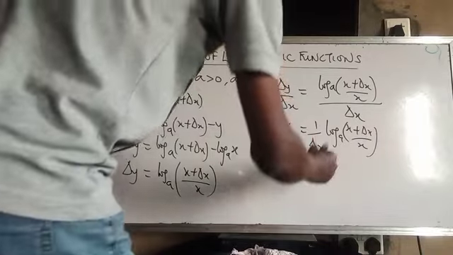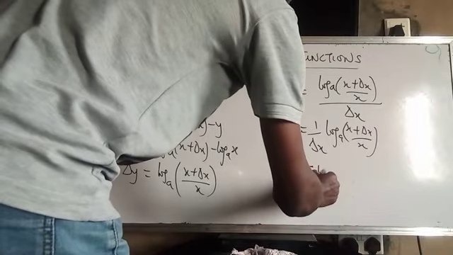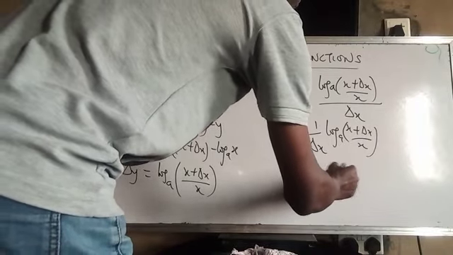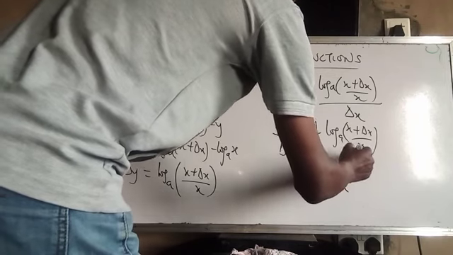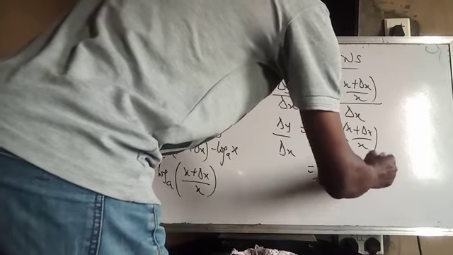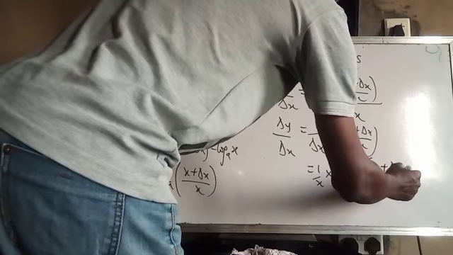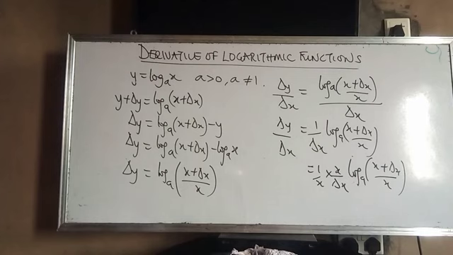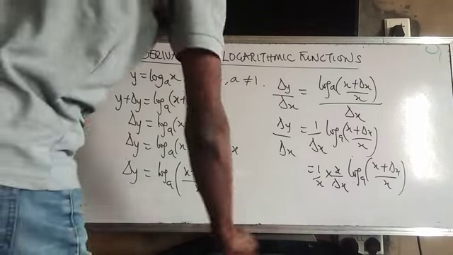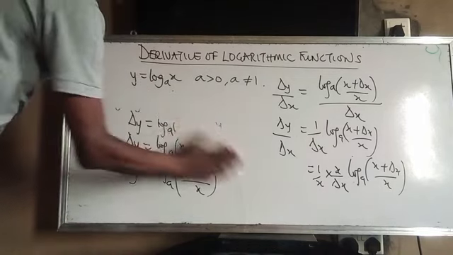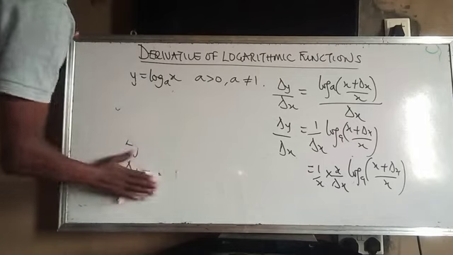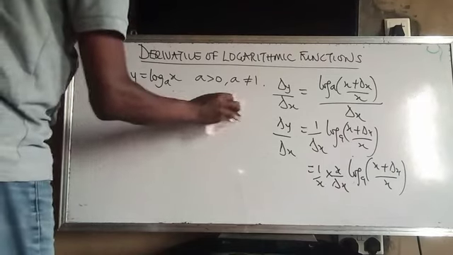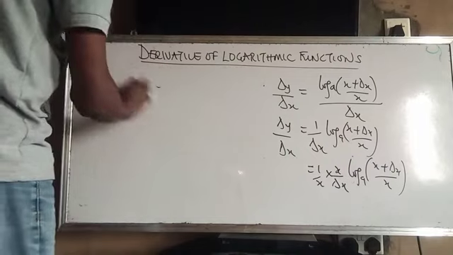Now we can rewrite this as 1 over x multiplied by x all over change in x, times log of x plus change in x all over x, base a. Yes, so as to be able to get an expression that can be common. We are trying to look for an expression that will give us a common variable.